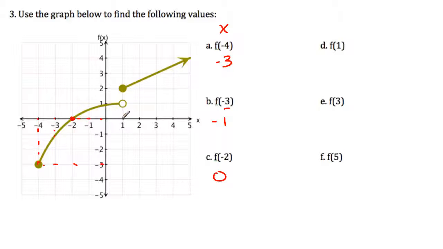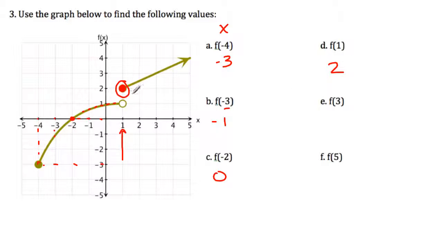F of 1. So we're right here when x is 1. Now this part's kind of tricky. Do we go to the hollow circle or the closed circle? As you come along this line, it gets here and it jumps up. The hollow circle tells you to jump up. So f of 1, when x is 1, we get 2.